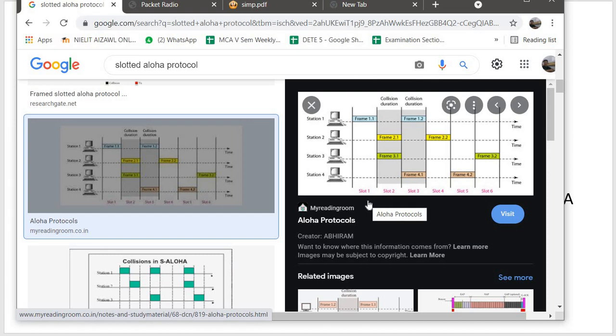So we have discrete time slots to send the packets by the stations or the users.